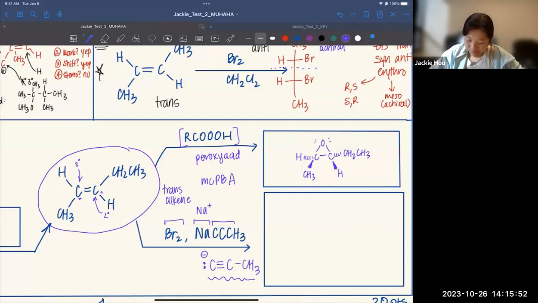So if I were to draw this as a Fischer, I usually like to keep my alkyl groups at the ends, right? And then I know that this is trans, right?